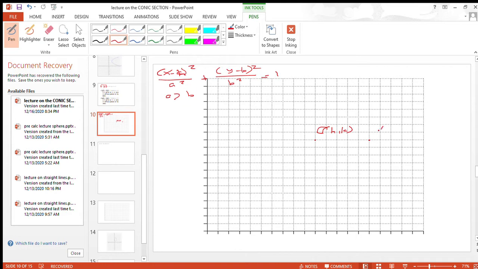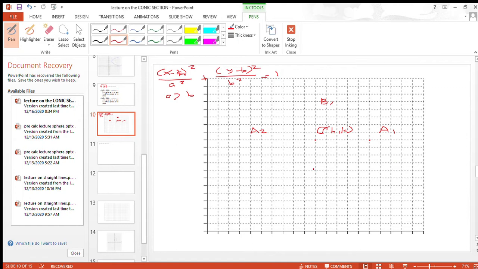If we are using that format, then we will have our major axis parallel to OX, and then we will have our minor axis parallel to OY.